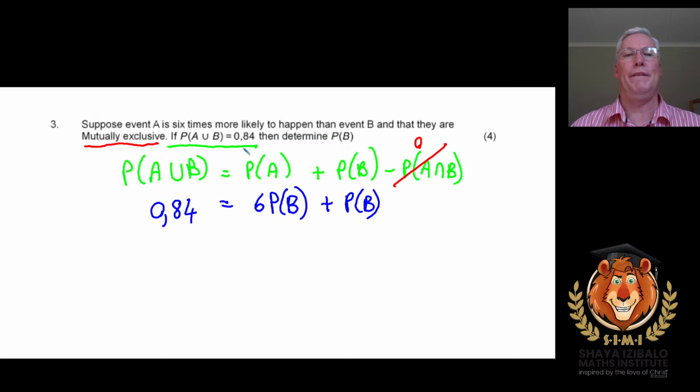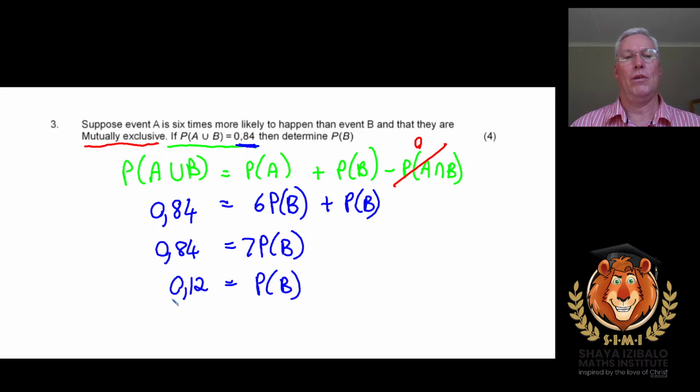That's what they told us. Now we've only got one variable, the probability of B. 7 lots of the probability of B is 0.84. Divide both sides by 7, and we get that the probability of B is 0.12.